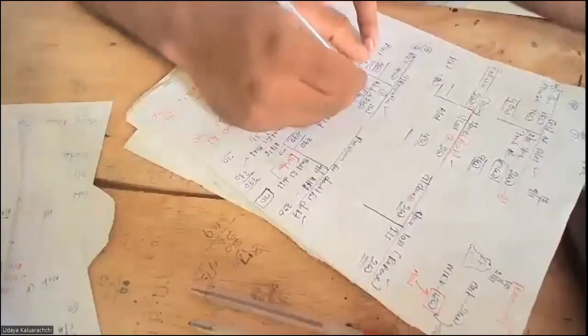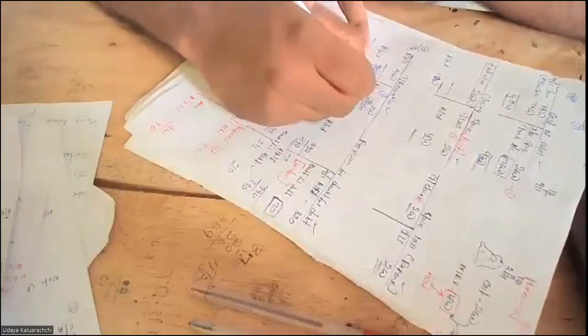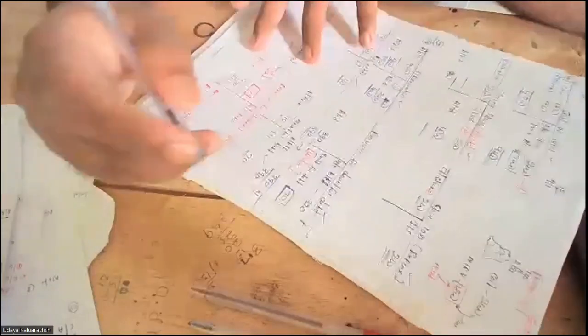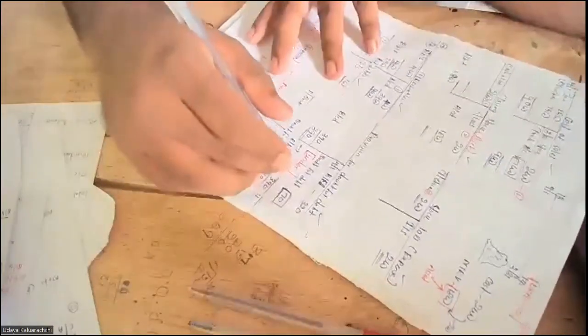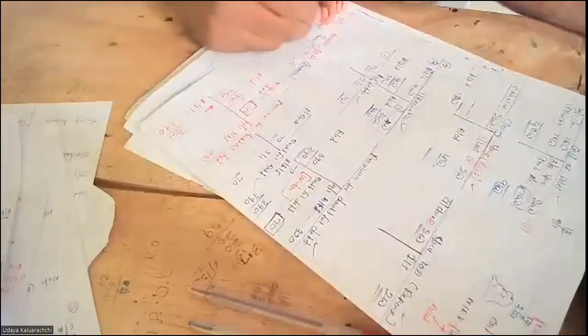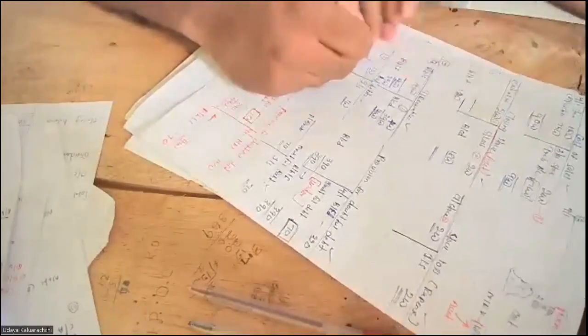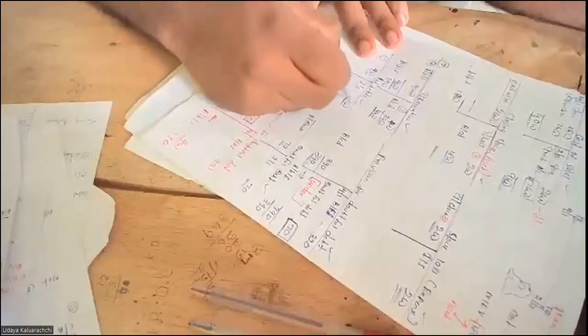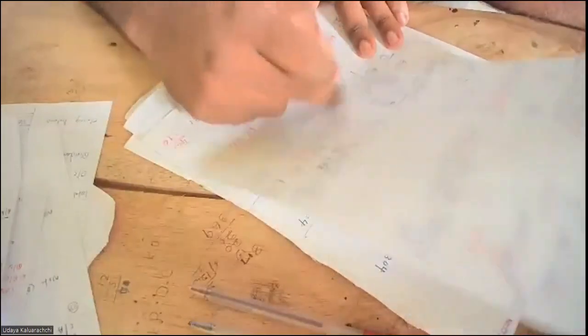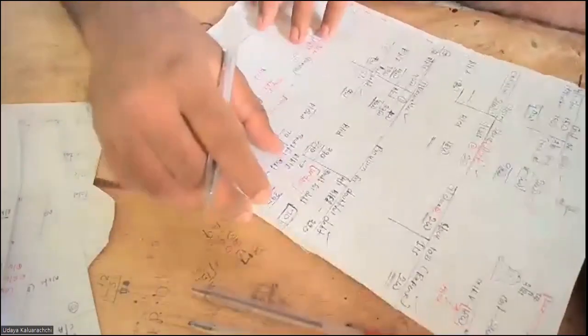Trade receivables, credit 400. Provision for doubtful debts, bad debts, debit 400. In the income statement, distribution expense, it is 400.